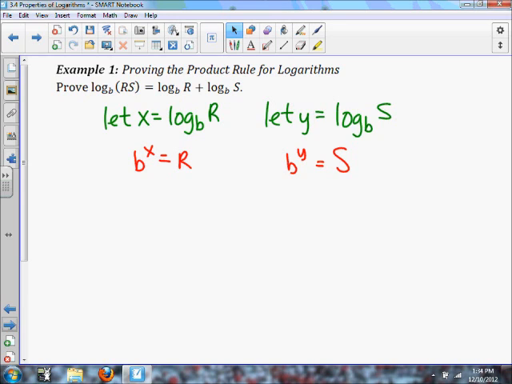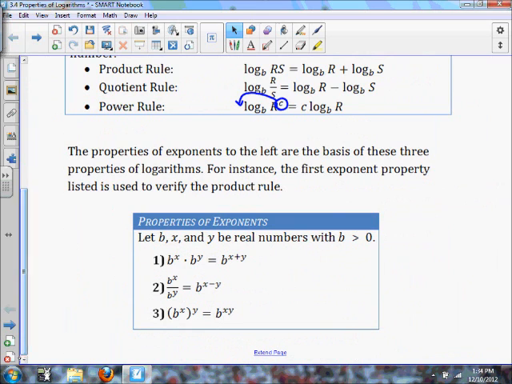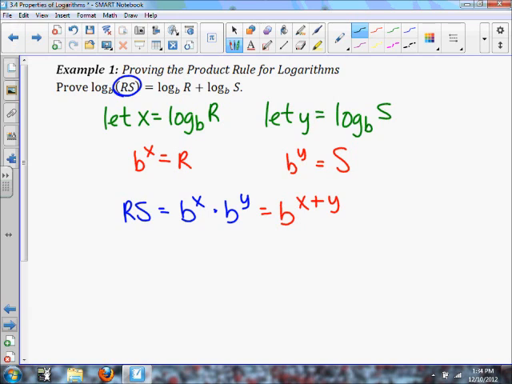Now, we also know then, because we want to get r times s here, r times s will equal b to the x times b to the y. And going back to the property from the previous page, b to the x times b to the y would be b to the x plus y. So this is what we have. rs is equal to b to the x plus y.